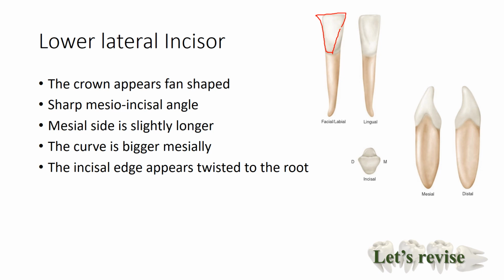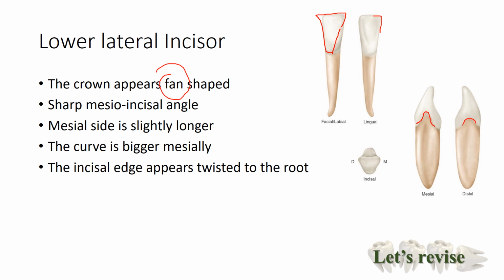It's kind of like an odd trapezoid, but this is a useful term to remember because it's referred to quite regularly. We've still got a nice sharp mesio-incisal angle, and the curve is bigger medially. So again here, this is our mesial curve and our distal curve, and our mesial curve is much greater.